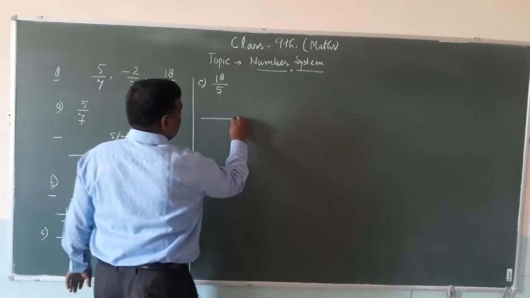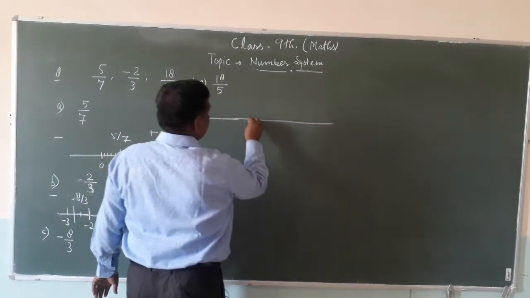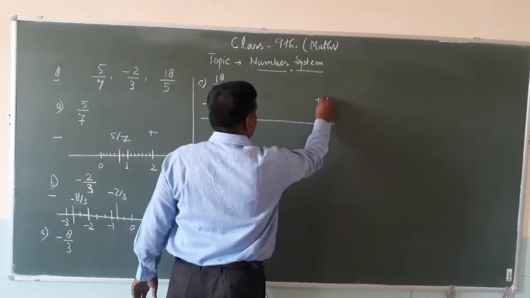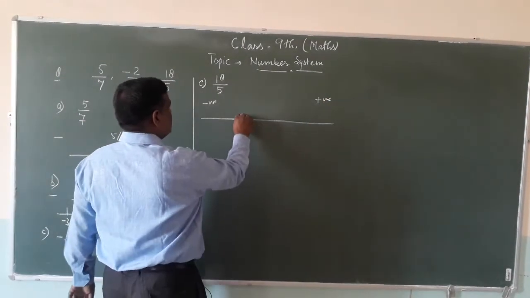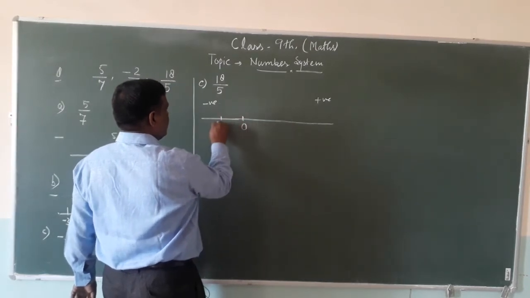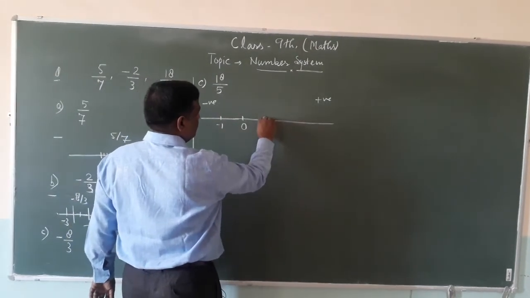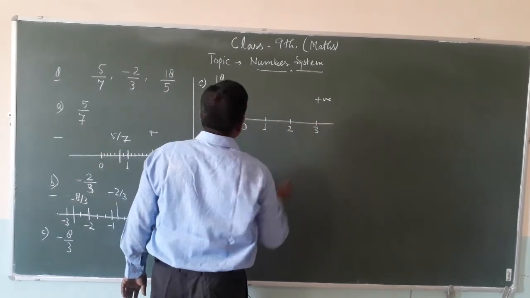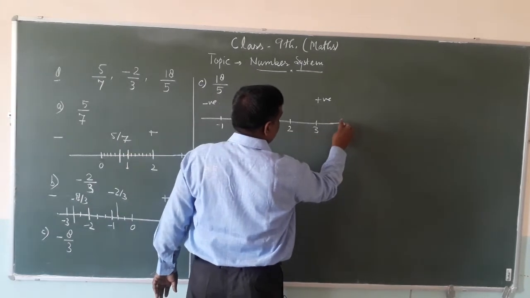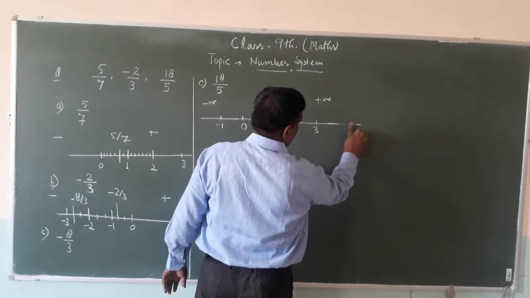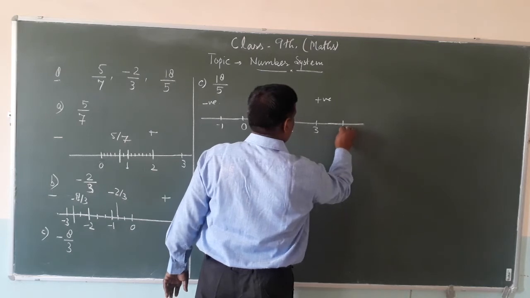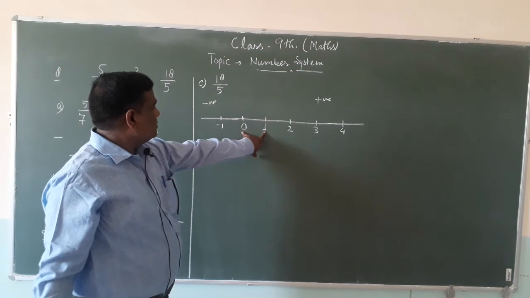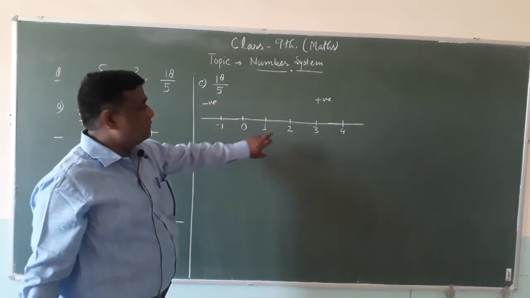Similarly we can draw a line, take here 0, this side is negative side and this is also positive side. Take 1 centimeter, here this is minus 1, and now on this side take 1 centimeter, 2 centimeter, that is 3 centimeter, again 4, and draw 5 parts between 0 and 1.